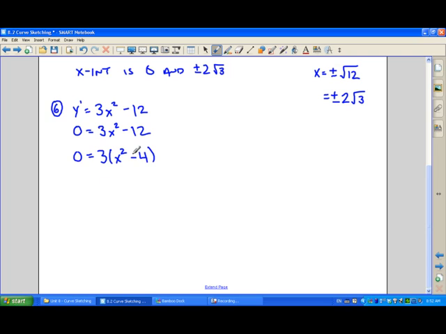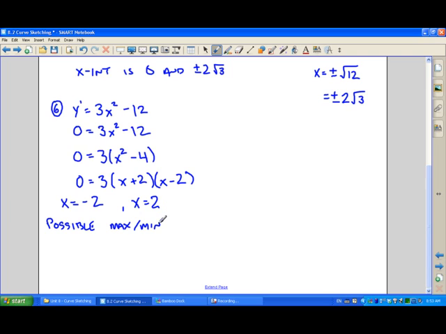And then I have a factor that looks like a difference of squares, so I'll factor that using difference of squares factoring, and I get x plus 2 times x minus 2, which gives me solutions of x equals negative 2 and x equals positive 2, and these are my possible maximum or minimum points.